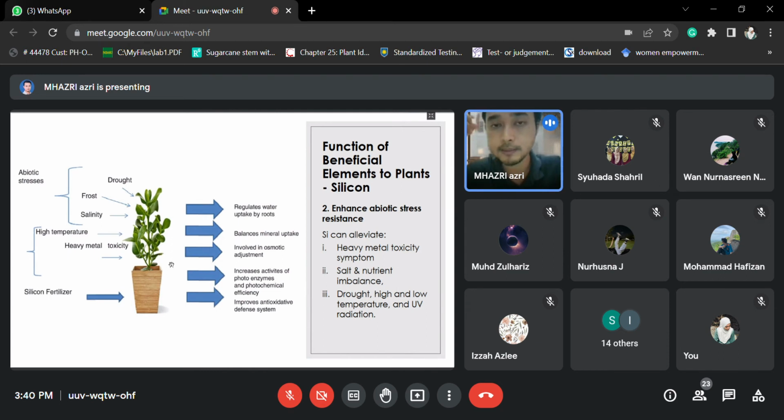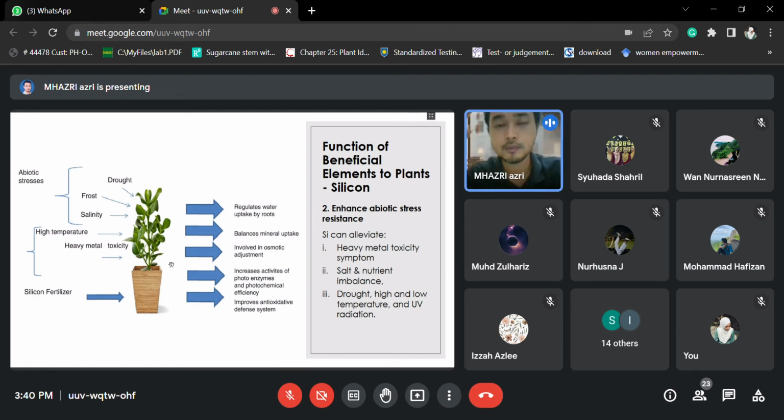Okay, macam mana this silicon can enhance the drought resistance? The silicon layer, okay, dia boleh simpan molekul air dalam tu. Okay, awak bayangkan ada sel, lepas tu ada lapisan silikon. Okay, so the silikon, lapisan silikon tu dia juga jadi macam sponge, boleh absorb the water molecule, so that plant dia boleh resistant toward not only drought stress tapi heat stress.